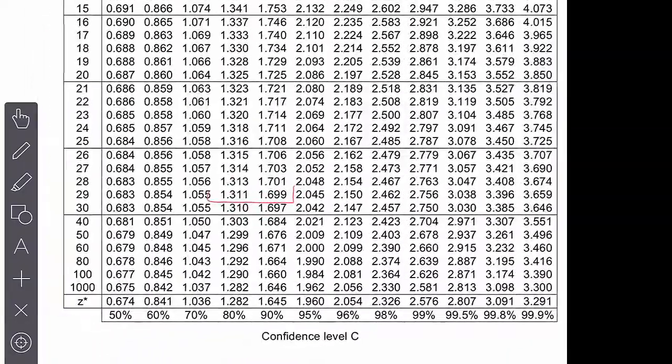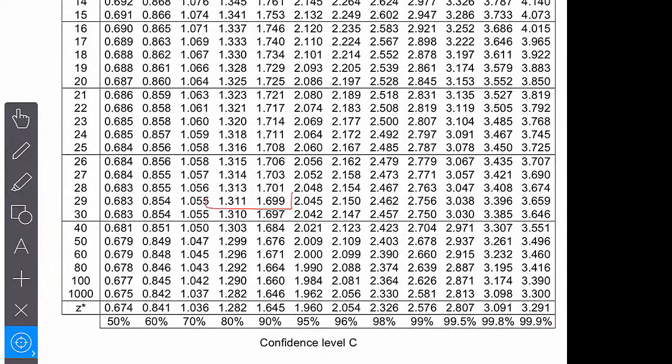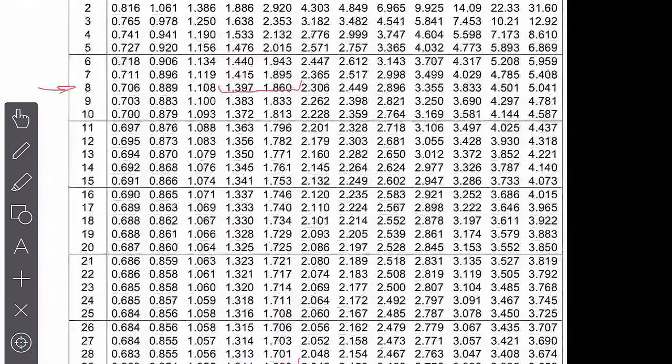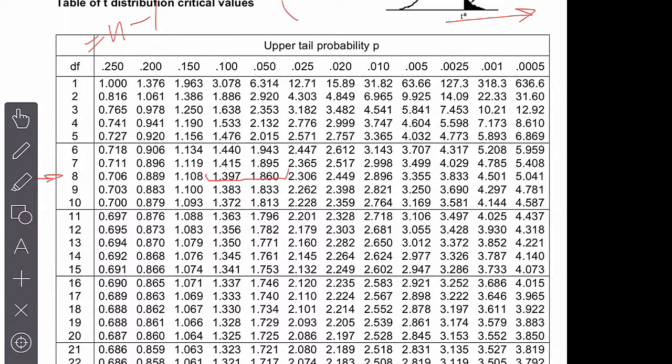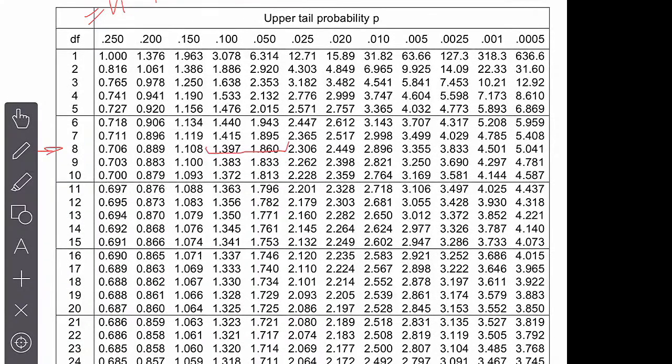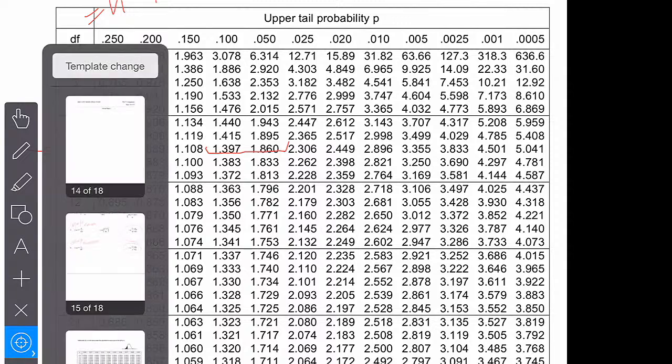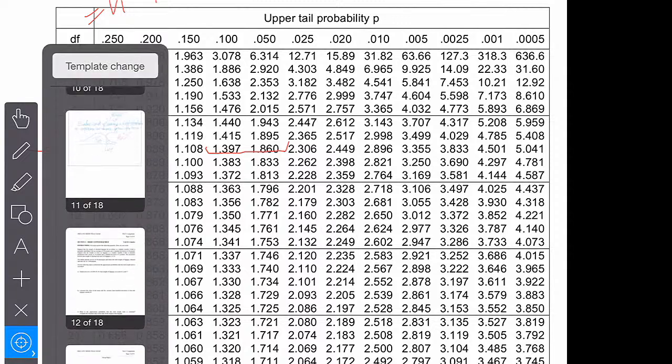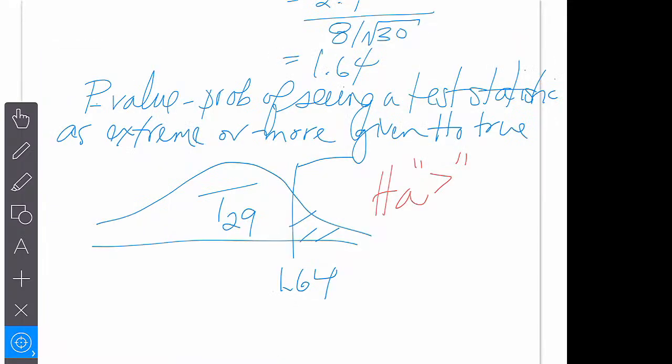Okay, if you look at the top, it's between 10 and 15%. No, that's wrong. Between 5 and 10%, sorry. Okay, you go all the way down. So those areas are between 5% and 10%.